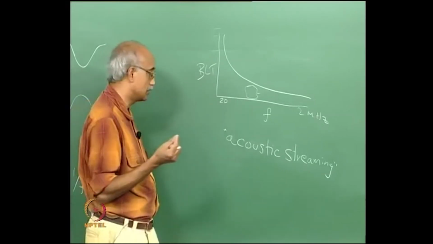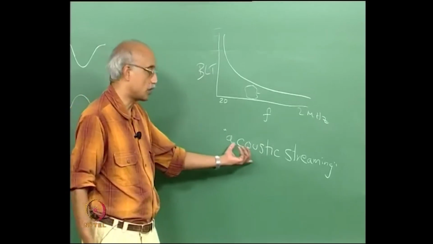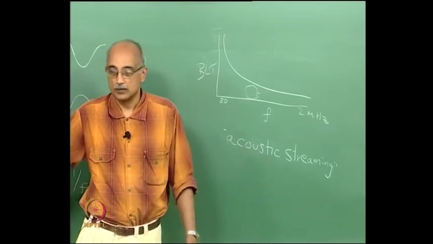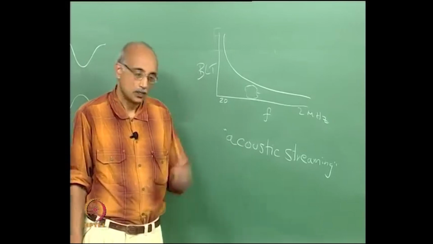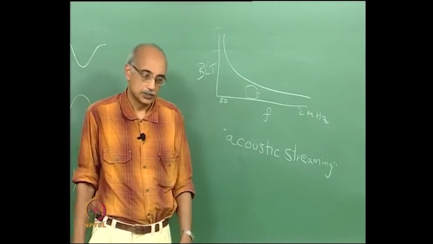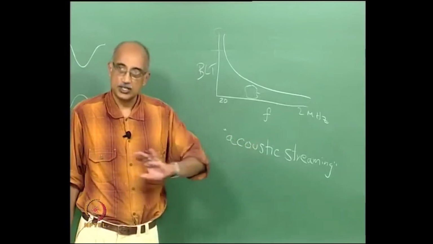So if you look at the difference between a megasonic field and an ultrasonic field, a megasonic field has a strong streaming characteristic, whereas the ultrasonic field has a strong cavitational characteristic. Now in terms of particle removal forces, it turns out that acoustic streaming is essentially a shearing mechanism.